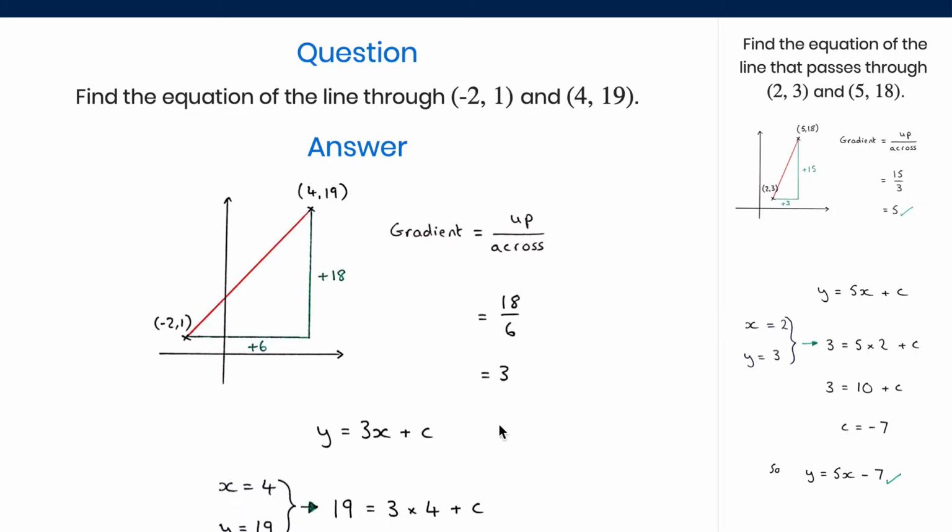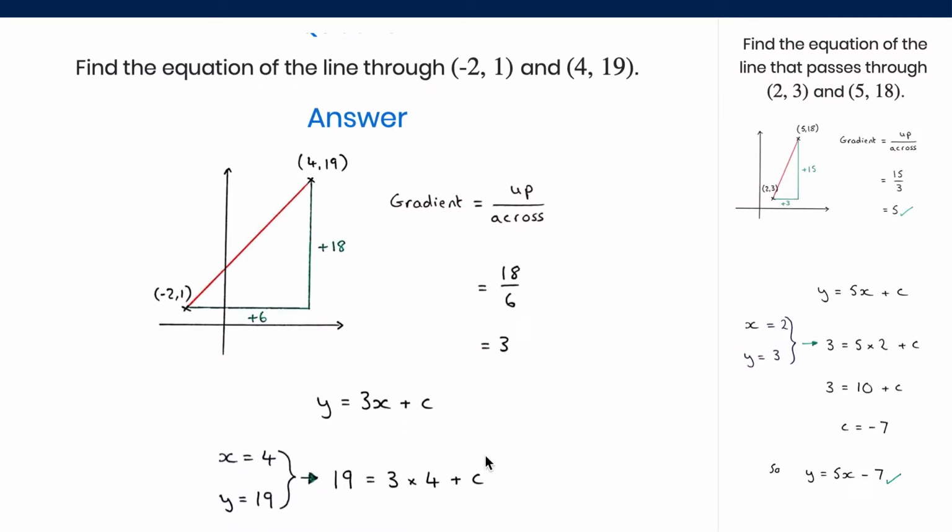And so m equals 3, and we have our first part of the equation, which is y equals 3x plus c. All that is left to do now is substitute one of the points into the equation to find c, and in this case it's probably easier to choose 4, 19 because that means we won't have any negatives to deal with.